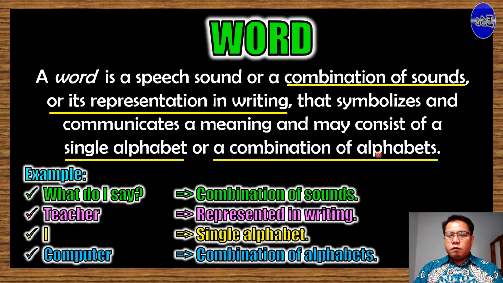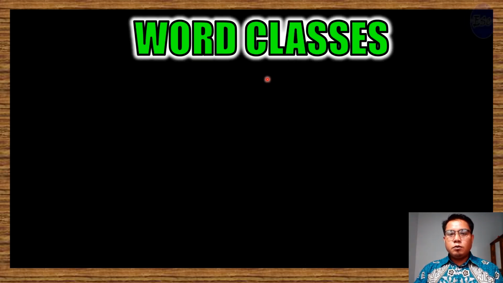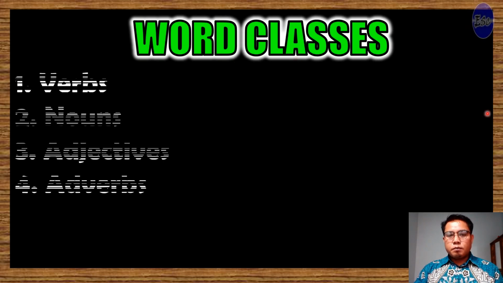Or a combination of alphabets. Yes, mostly words are a combination of alphabets. For example, computer, mother, father, earth, they are all combinations of alphabets or letters. Good. Let's continue to word classes.